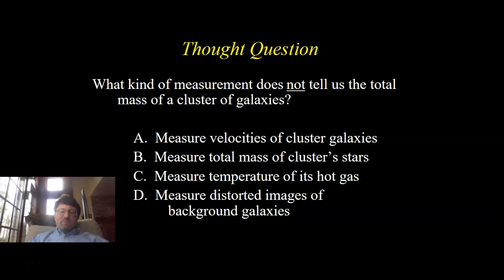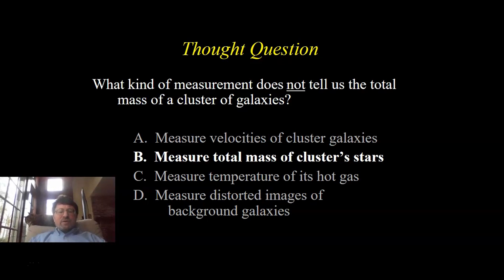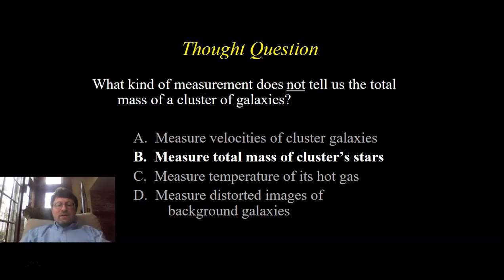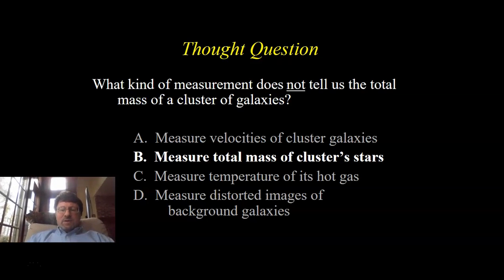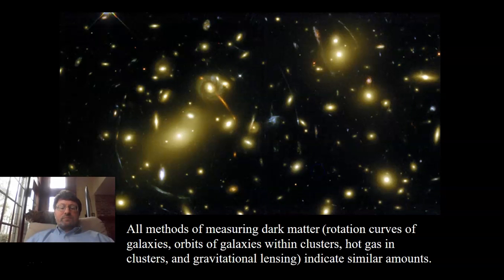The answer here is B, that if you measure the total mass of a cluster's stars, that's not telling you the total mass in the cluster of galaxies, because there could very well be contributions from dark matter, important contributions.